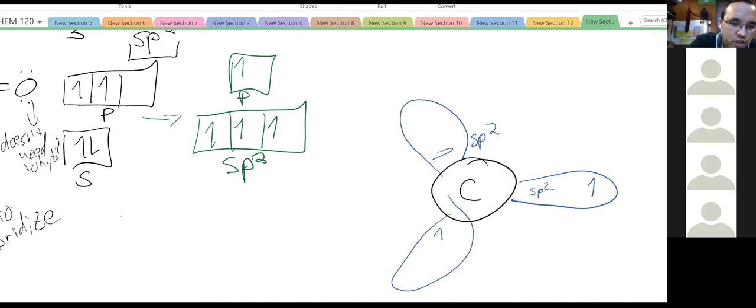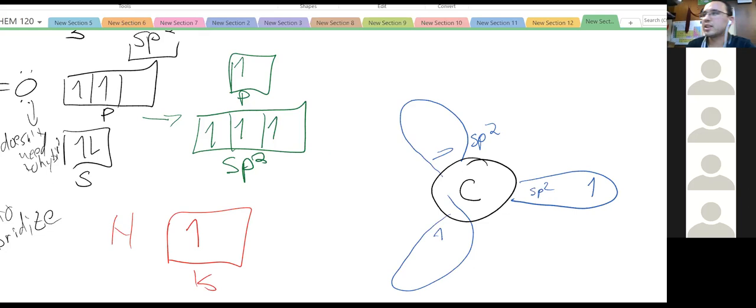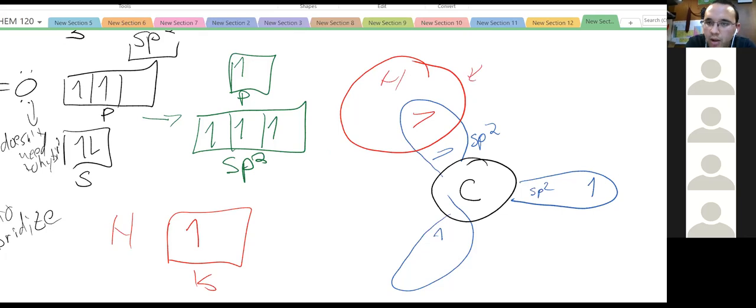For our hydrogen, its orbital diagram looks like this. When it overlaps with this carbon and brings its electron on, what orbital is it overlapping? Look at hydrogen's orbital diagram right over here. Where is its opening?